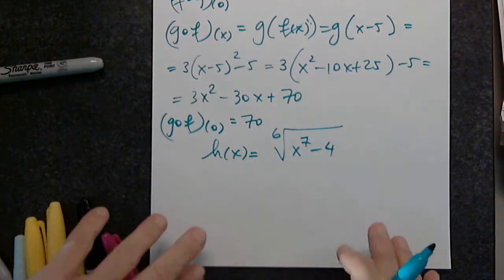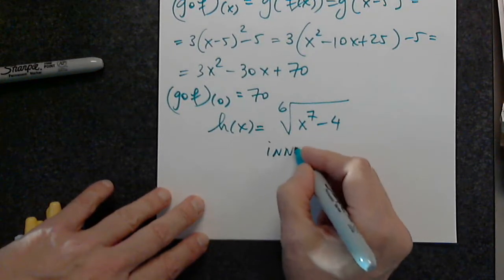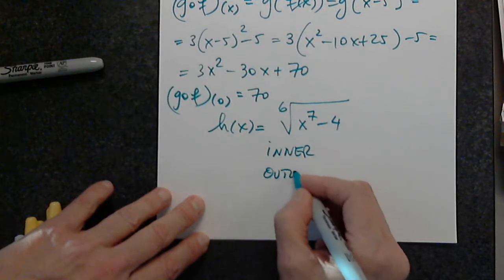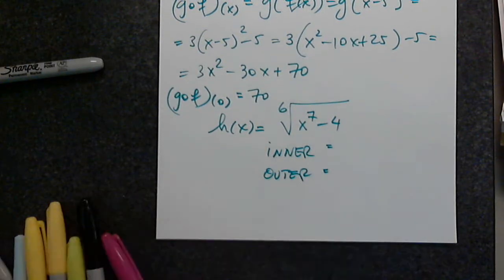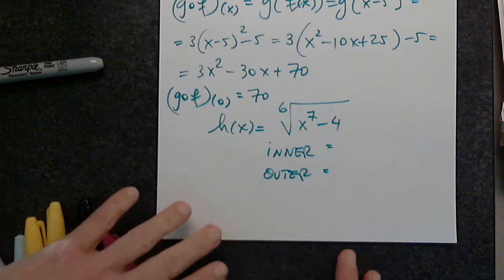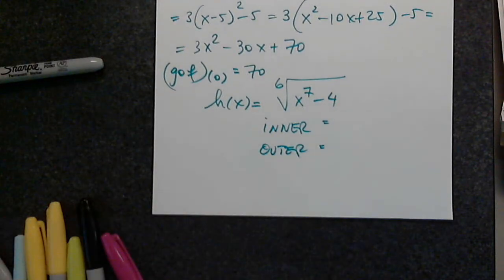So what I would like to determine is the inner and the outer. So what is the inner function? If you were asked to evaluate this function for x equals 10, which operation from what you see will be performed first? What will be the inner function?